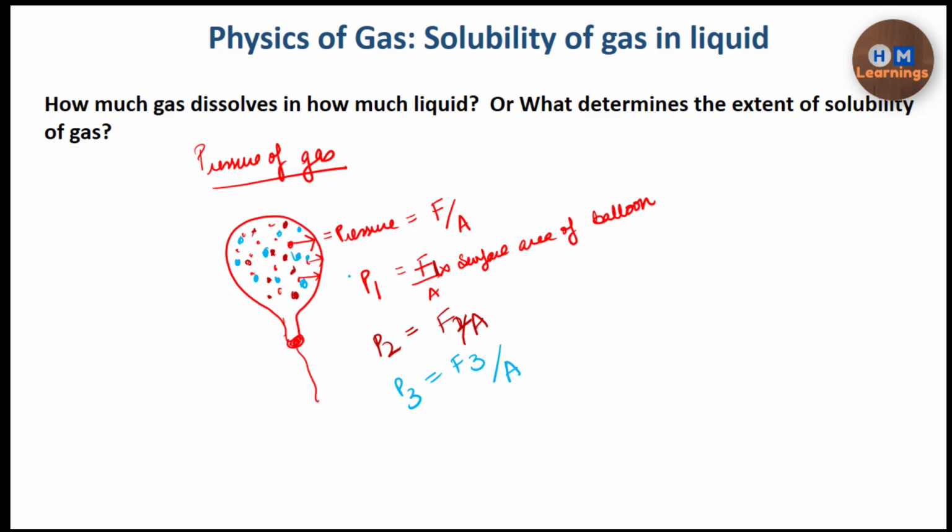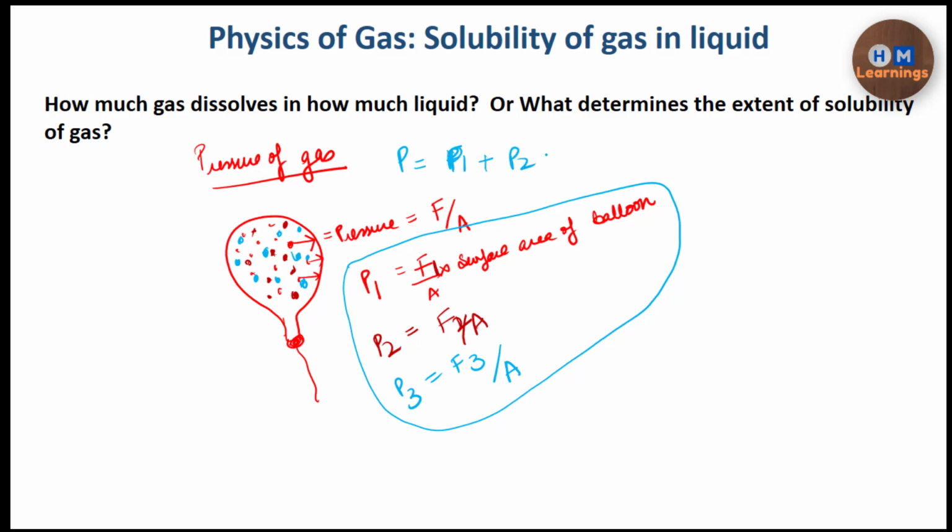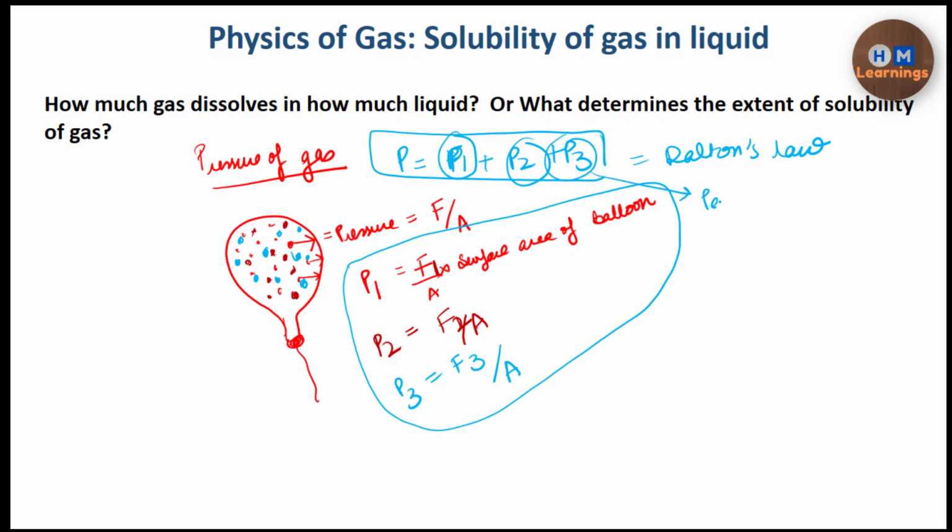So the total pressure exerted by all these gases on the balloon wall will be equal to the sum of P1 plus P2 plus P3. This is called Dalton's law. And the individual pressure component is called the partial pressure.